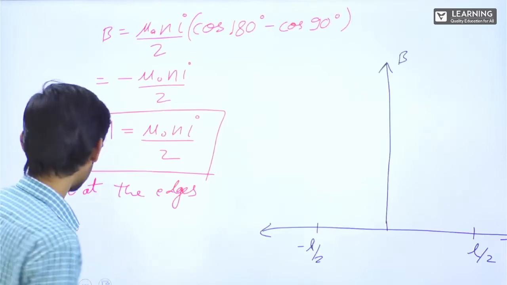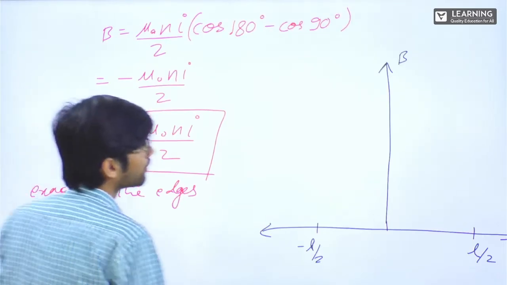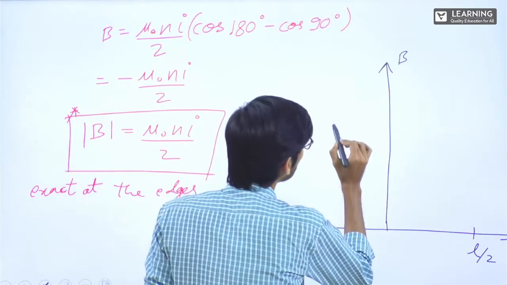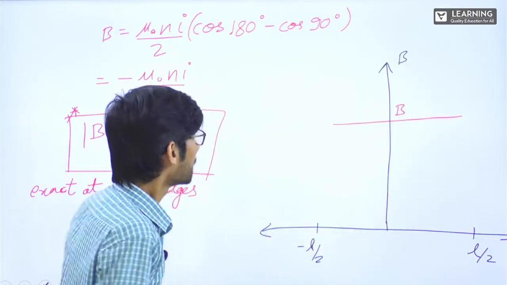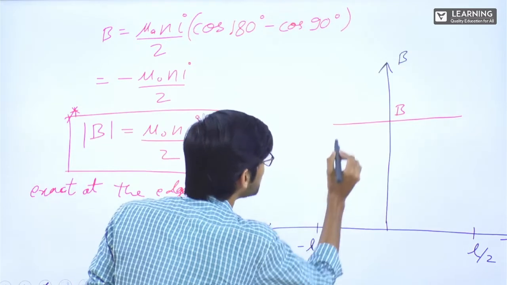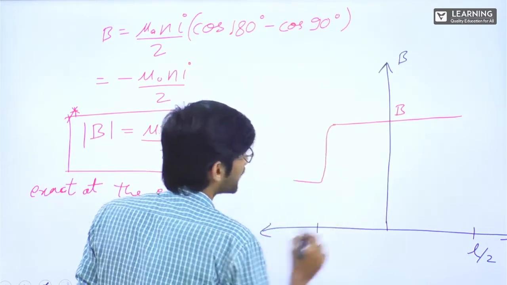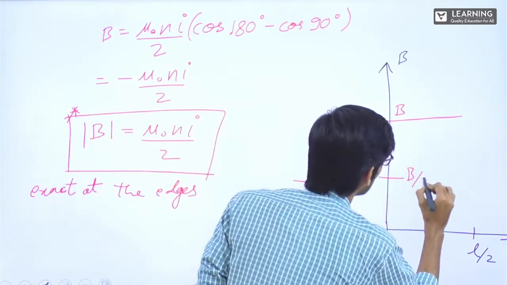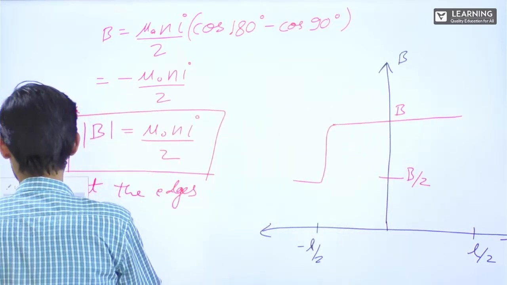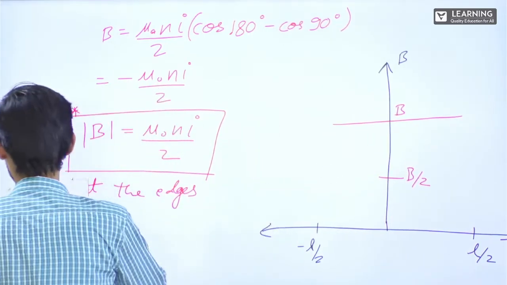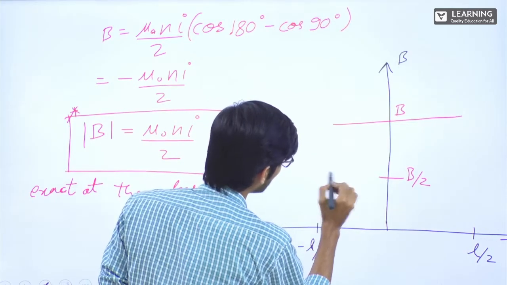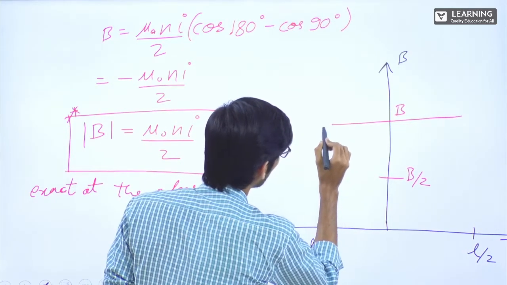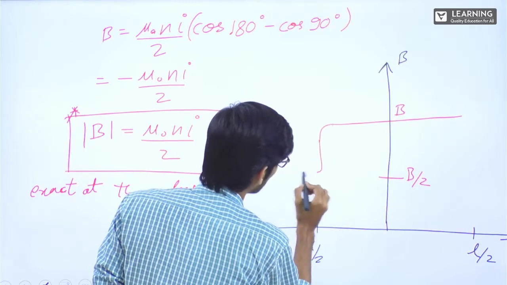So for this graph, from here to here, it is a constant, let's say B. But the moment we come to the edges, it drops down suddenly and it becomes B by 2 at this exact edge. Okay.